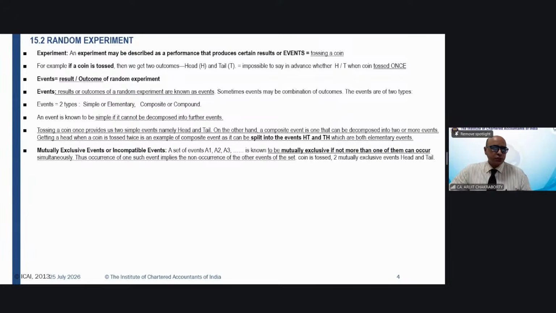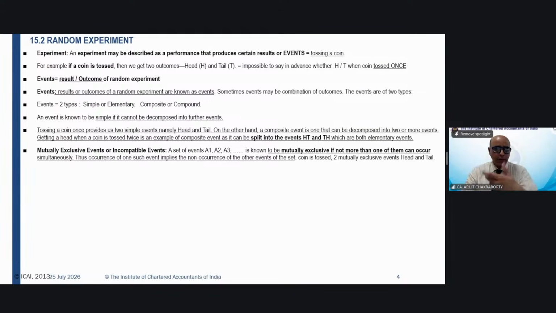So when a coin is tossed, you have only two possible events. Either it's a head or a tail. There can be no third scenario. Either a head or a tail. And now, will coin tossing be an example of a mutually exclusive event? Yes, definitely, because if head appears when you toss a coin, that means tail cannot appear.